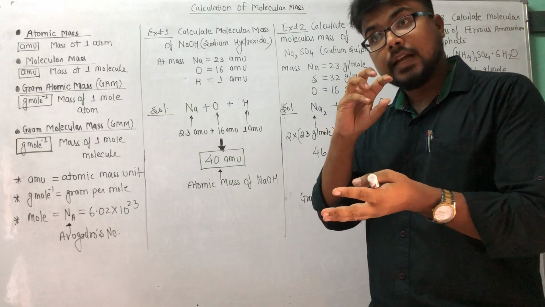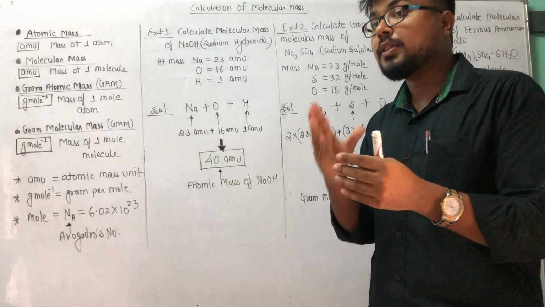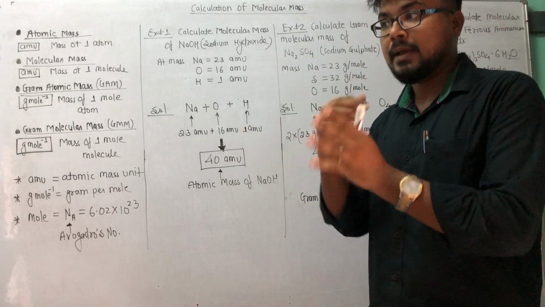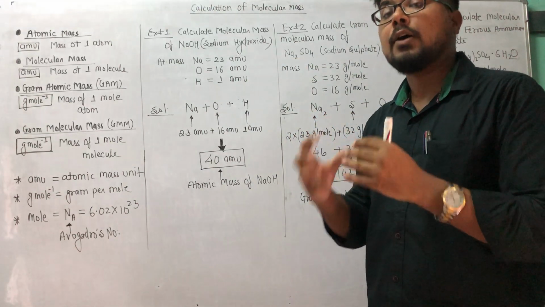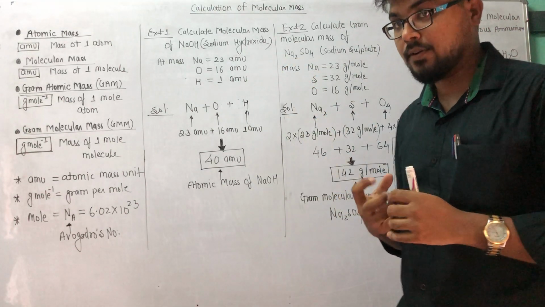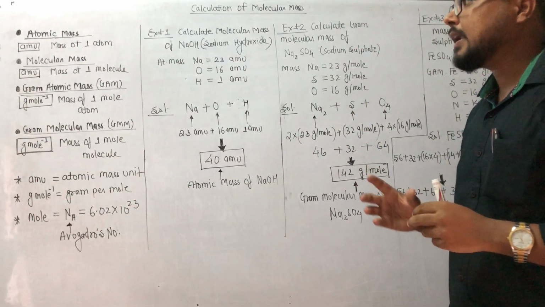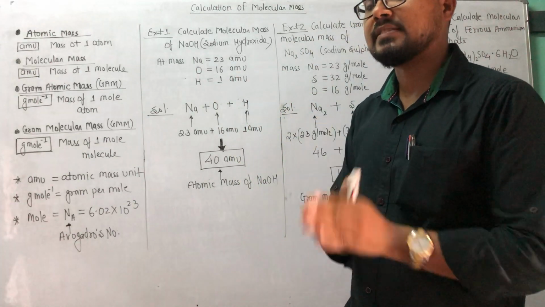In some cases they will provide them, and sometimes they will not. That 1 to 20 elements list is easy to learn. In my previous video, I already mentioned how to learn the atomic mass of those elements from 1 to 20.